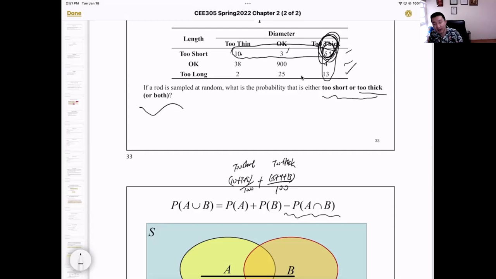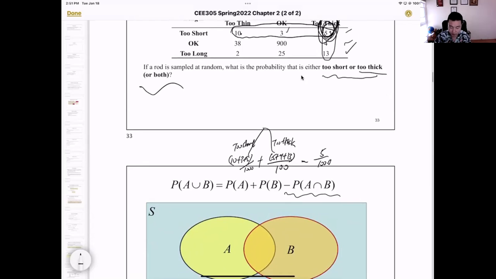Why subtract P(A and B)? Look at this. We added the number 5 twice. We added the intersection of A and B twice, so we counted it twice. It's not fair, so we need to subtract that intersection. That's why we subtract P(A and B). So what is P(A and B)? That is 5 over 1,000.